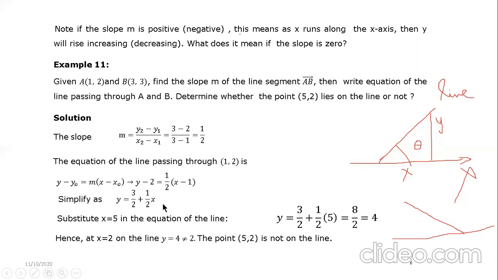We substitute x equals 5, and then y equals 4, but we have y equals 2. So this point doesn't lie on the line, because the left side must be equal to the right side. Here y equals 4, but not 2.